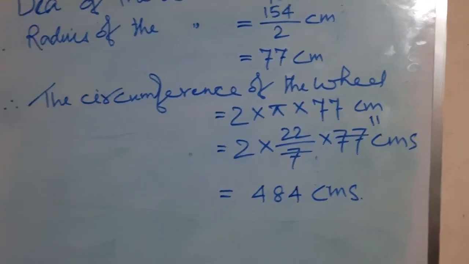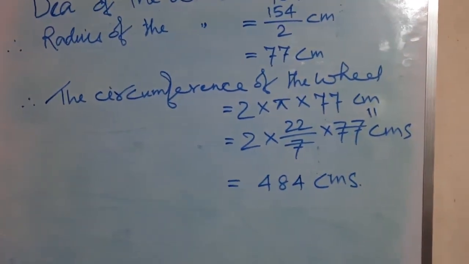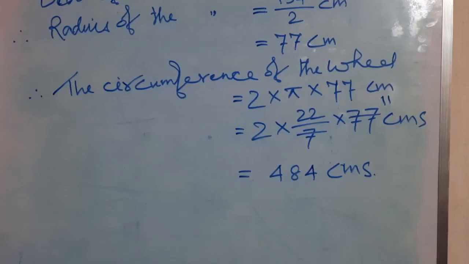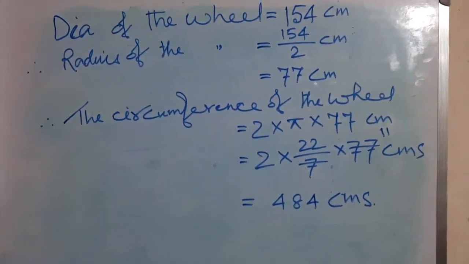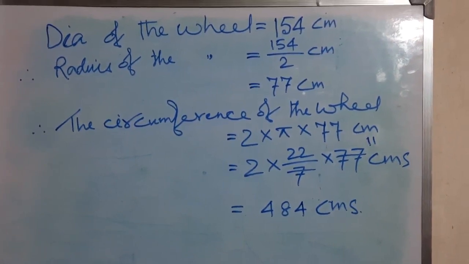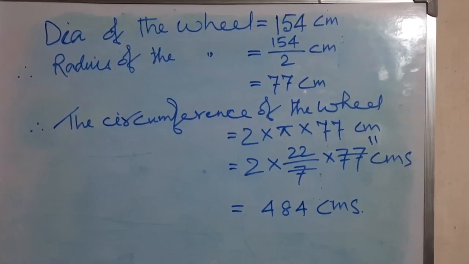So the circumference of the wheel is equal to 484 centimeters. So in one complete revolution, the wheel moves 484 centimeters distance.